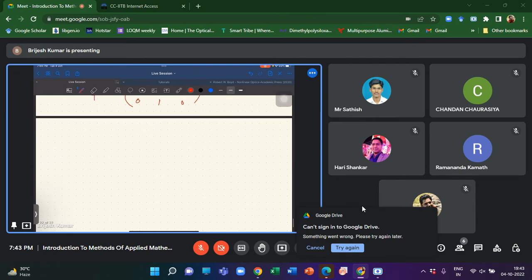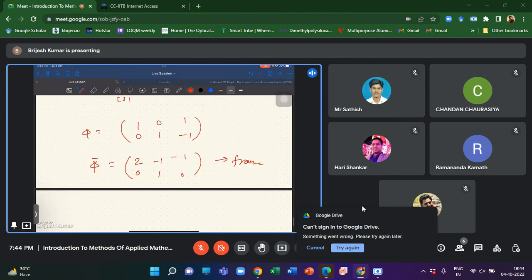The vectors involved in the expansion are now linearly dependent. This redundant set of vectors, phi, is called the frame, while phi bar is called the dual frame.